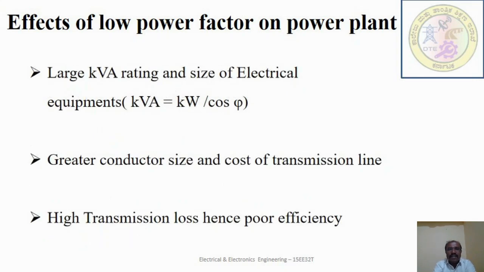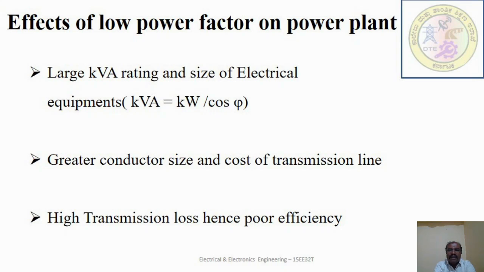Next, we can list out the effects of low power factor on power plant. The first one is the large kVA rating of equipment. Electrical machineries, for example alternators, transformers, and switchgears, are always rated in kVA.